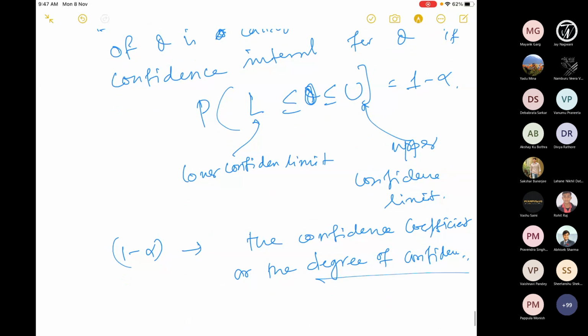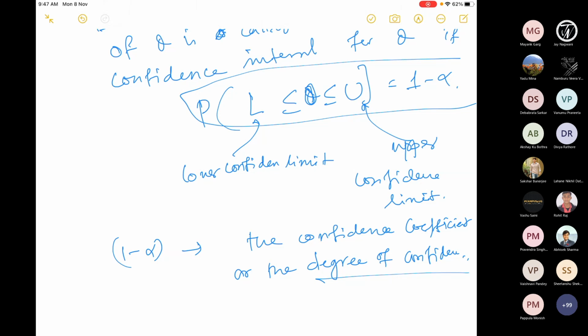Basically, you have this x1, x2, xn, and instead of one statistic, you have to produce two statistics, such that the parameter value lies between L and U. The statistics are L and U, and the probability that the parameter lies between L and U is 1 minus alpha. And here also the same thing.